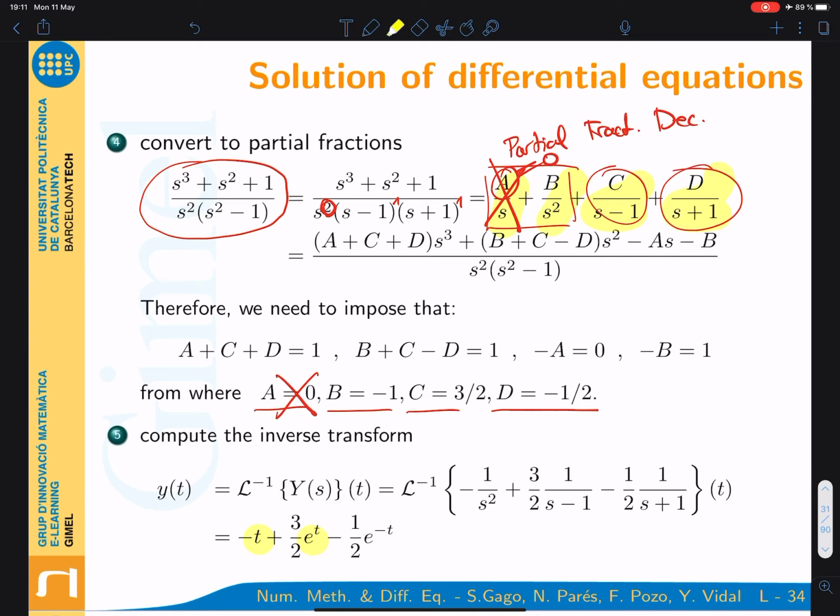So t comes from 1 over s squared, the exponential of t comes from s minus 1, and the exponential of minus t comes from s plus 1. And then they are multiplied by minus 1, 3 over 2, and minus 1 over 2, minus 1 over 2, that were obtained from the partial fraction decomposition.